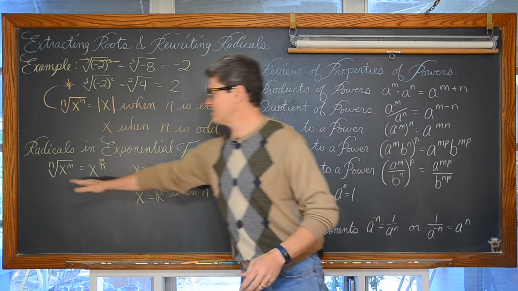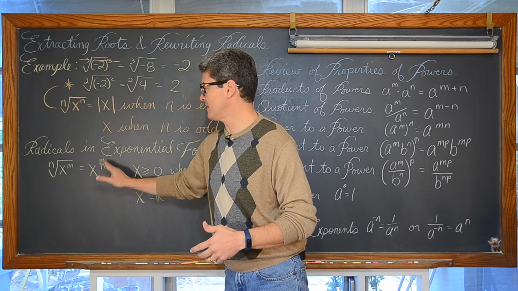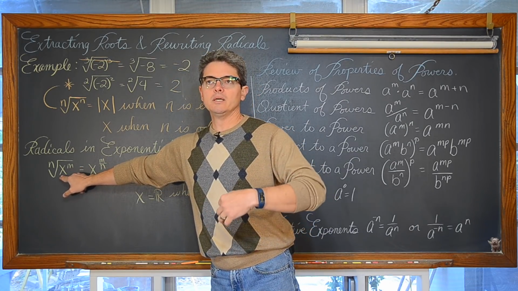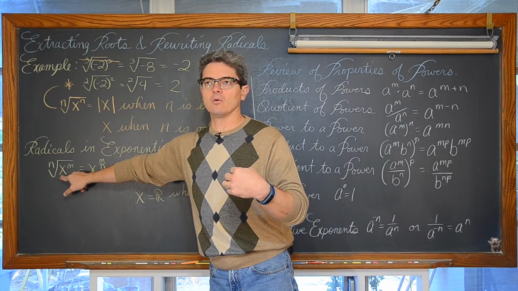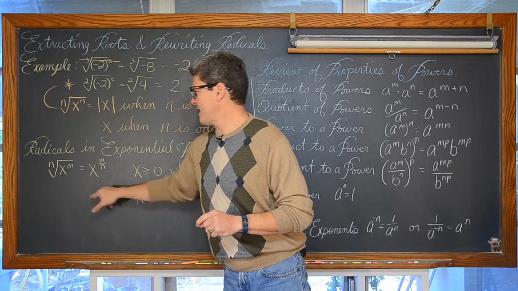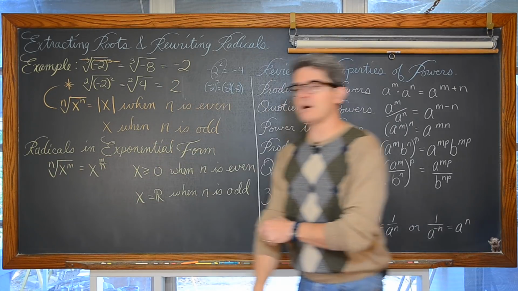So we do like to know how to write a radical with a fractional exponent. And if there happens to be a power applied to the one term that is inside the radical, that power is going to be on top, and then the index goes into the denominator.